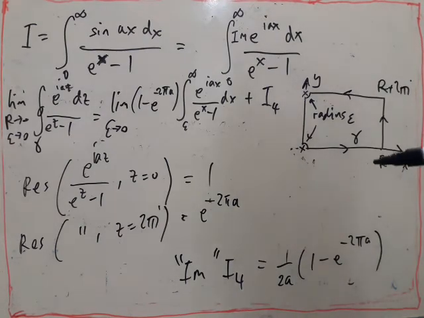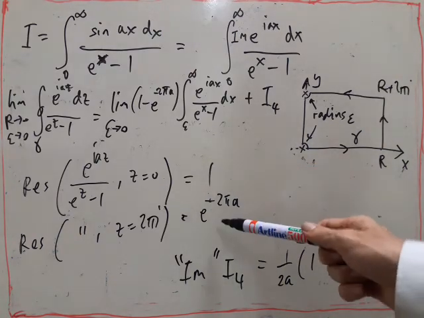So, putting everything together, we're taking the imaginary part of everything, so it's the imaginary part of i pi by 2 times this plus this.